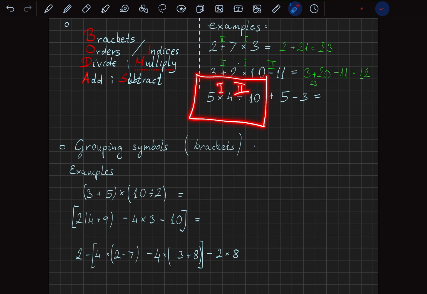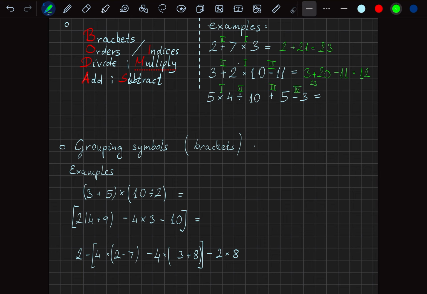First, second, it will be a number, plus 5 minus 3. So this is a number, we solve this, it will be 2 plus 5 minus 3, it's 4. So first, second, third, and fourth.